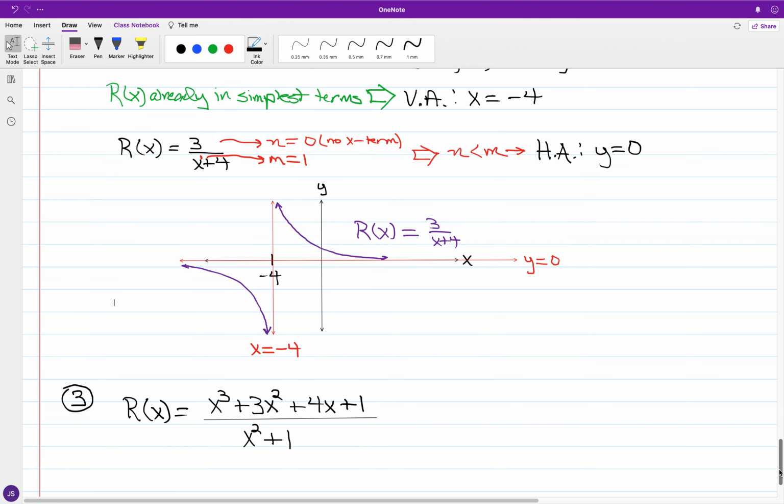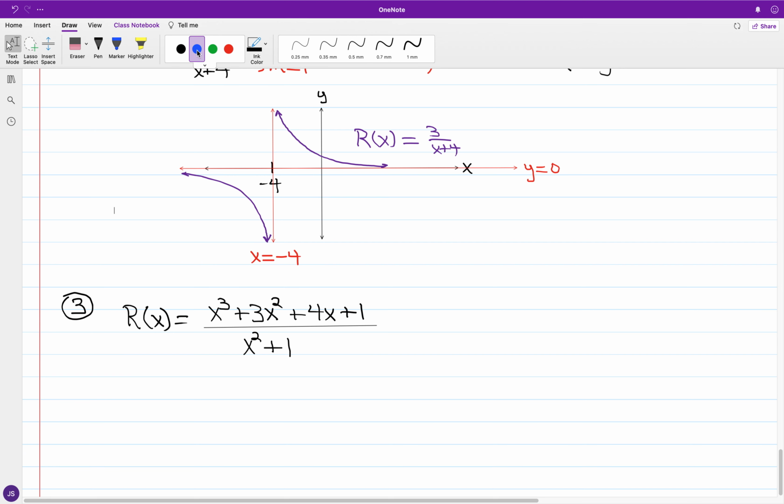Okay, and let me mention, for this particular ratio, if I'm trying to find out any exclusions from the domain, now this ratio is already in simplest form. So again, x squared plus 1 cannot be 0. And I cannot factor a sum of squares. And guess what? I have x squared cannot be negative 1.